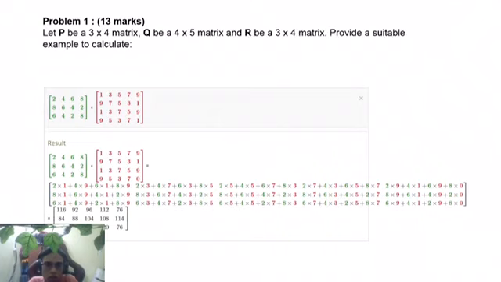A 3 times 4 matrix means its rows and columns are 3 times 4. Q is a 4 times 5 matrix, which means its rows and columns are 4 times 5, as we can see here. So, how do we do the calculation steps?